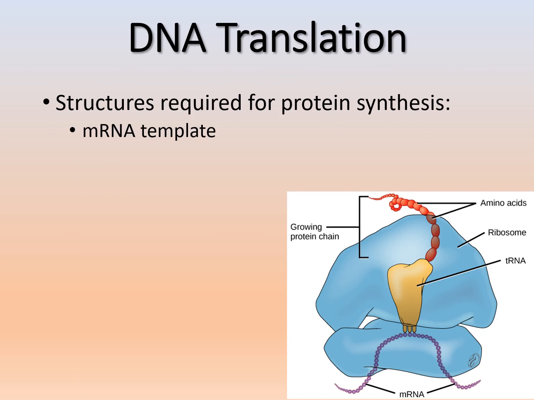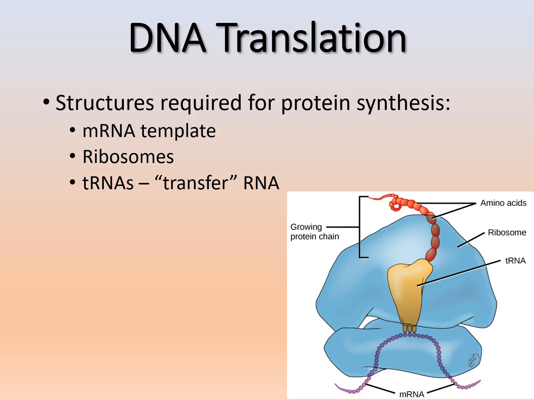So what are the structures that are required for protein synthesis or DNA translation? Obviously we're going to need that messenger RNA template, right, that we've just built from our DNA transcription. We're going to need ribosomes, right? The ribosomes are what are going to build the proteins.